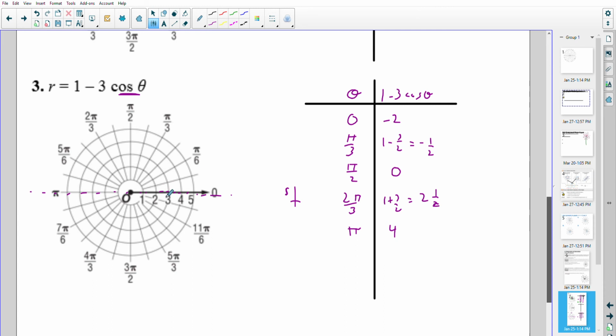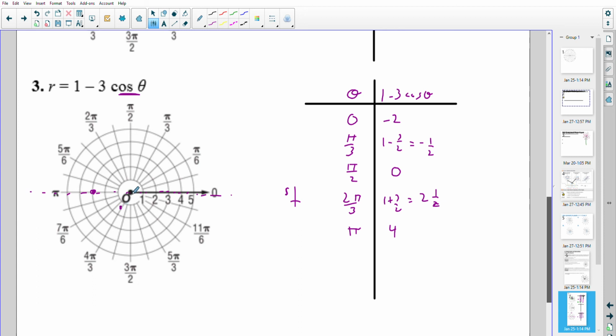Now let's see what I have. I went from 0 to here. Now all I've got to do is reflect it down, and that should give me an idea of what that graph looks like. 0, -2 is the starting point. Pi over 3, -1/2. So that's going to be a point that looks like it's right here.